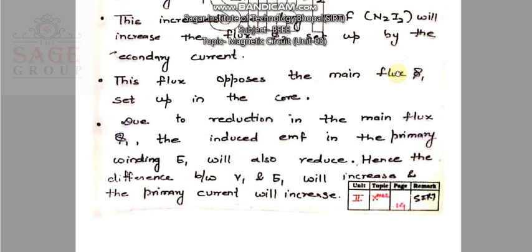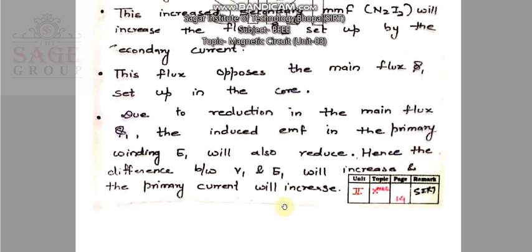This flux opposes the main flux phi 1 set up in the core, and due to the reduction in the main flux phi 1, the induced EMF in the primary winding E1 will also reduce. Hence, the difference between V1 and E1 will increase, and the primary current will increase.